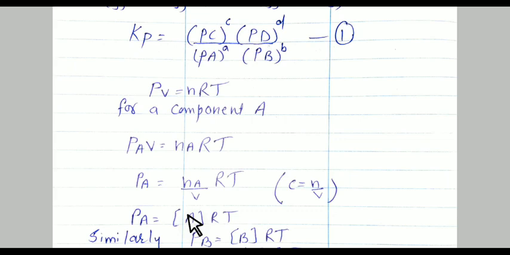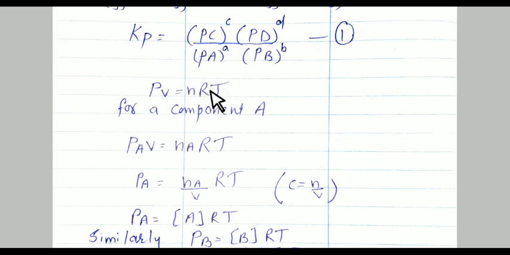Student, we are taking the ideal gas equation PV is equal to nRT. What we are doing here is relating Kc and Kp. For this purpose, we use the formula for equilibrium constant at partial pressure, then we use the ideal gas equation.